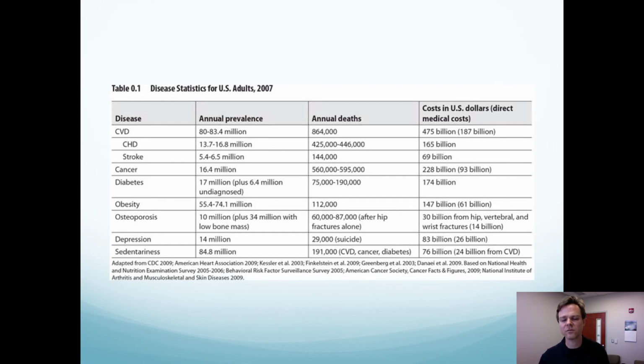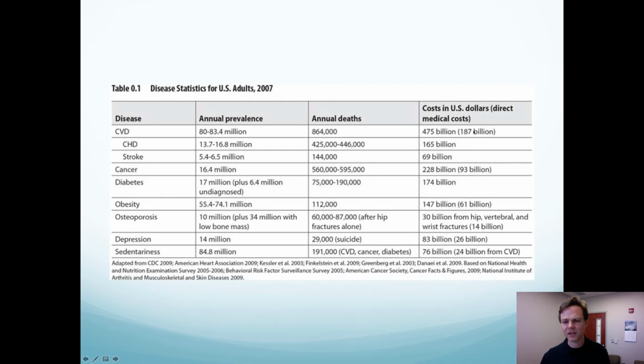The indirect costs would be lost wages, lost life, decreased lifespan, disability, costs associated with disability. So if you're on workman's compensation or Social Security, SSI, then those things would contribute to this number. They're costs associated with the disease, but they're not necessarily direct costs with the disease.